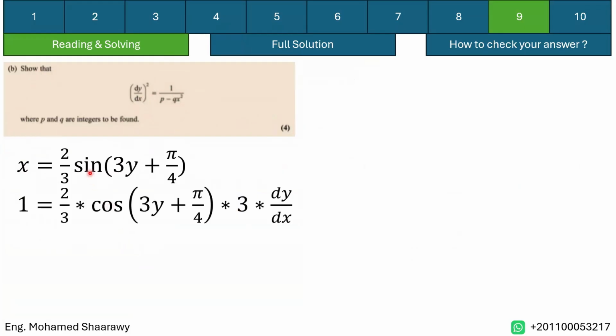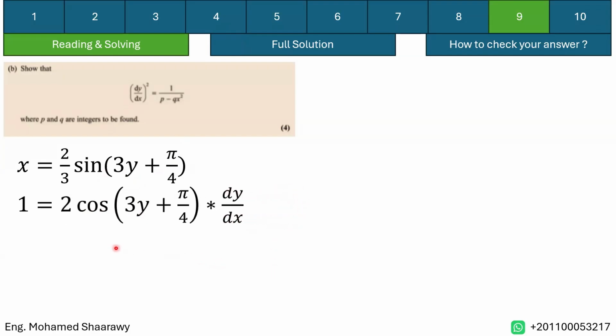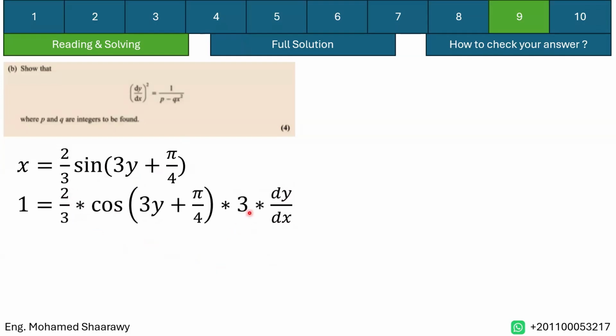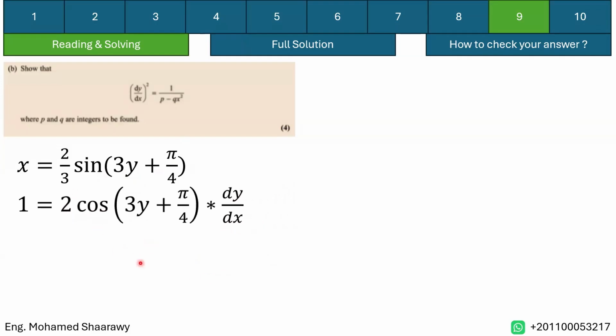And the differentiation of sine 3y plus pi over 4, the differentiation of sine is cosine. The differentiation of this angle is the differentiation of 3y. And the differentiation of 3y is 3 times dy by dx. Now let me get dy by dx as a subject. So 2 over 3 multiplied by 3 is 2. Now let me divide both sides by 2 cosine.